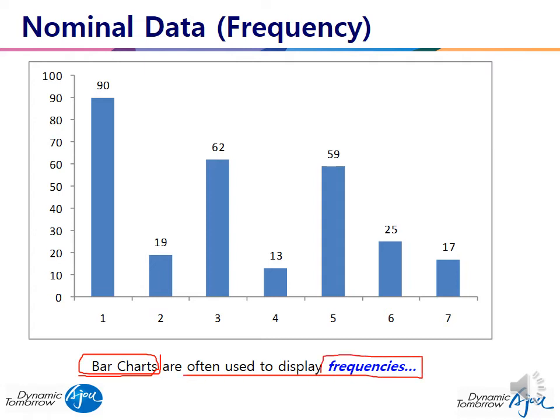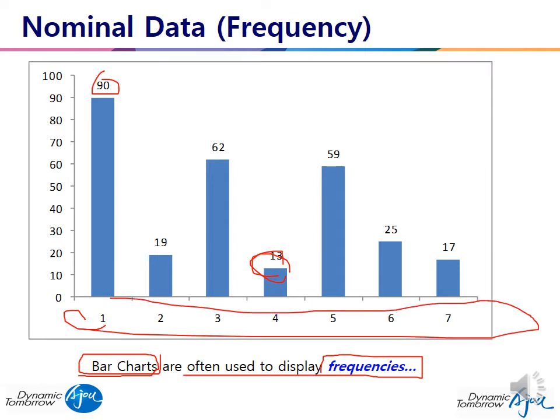Bar charts are often used to display frequency. You see this kind of chart in the newspaper a lot, right? So it's easy to see which one is best, which one is last. Number 1 is 19, number 4 is 13. But these are the categories, right?